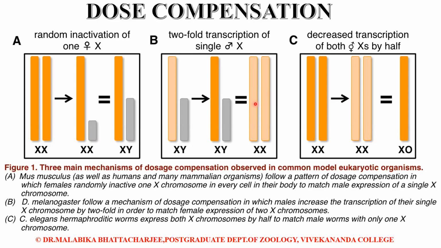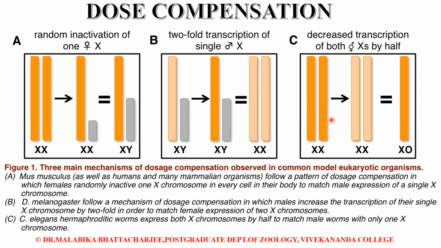So, in case of Drosophila, the male X chromosome is hyperactivated, and the transcription of the single X chromosome increases twofold to match the female expression of the two X chromosomes.